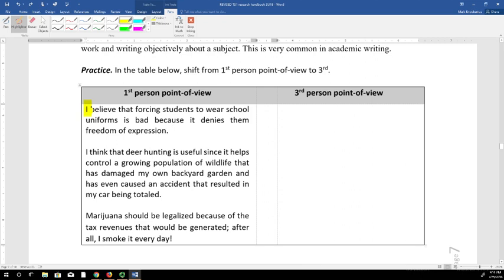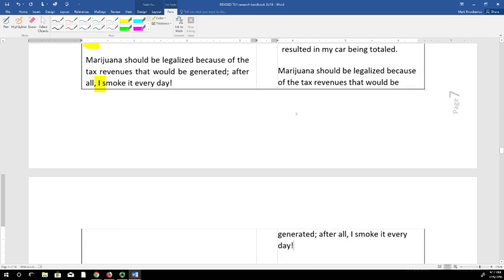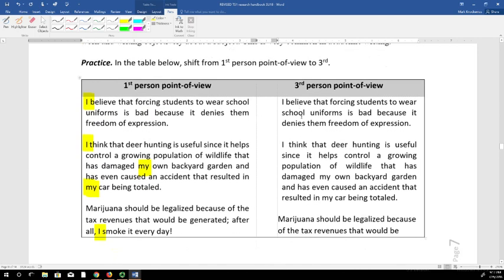We see things like I, right? See the I? My. That lets us know that we're giving my personal point of view, my perspective. So what we need to do is stop this and instead write in the third person point of view. So how are we going to do this?